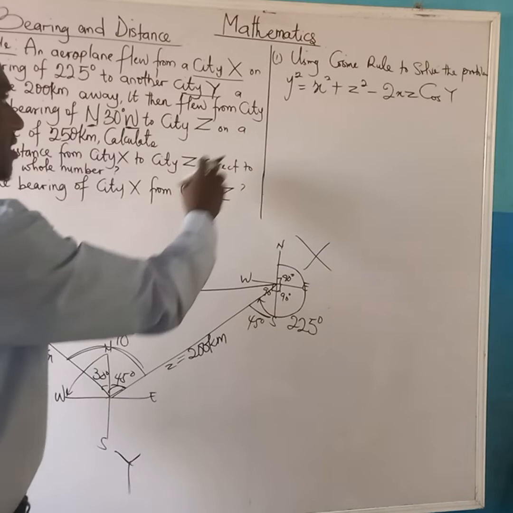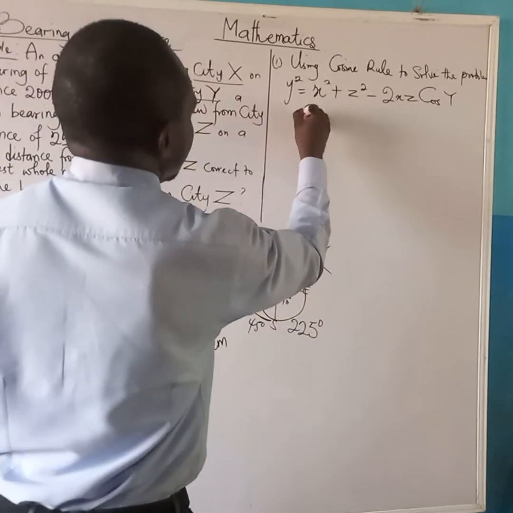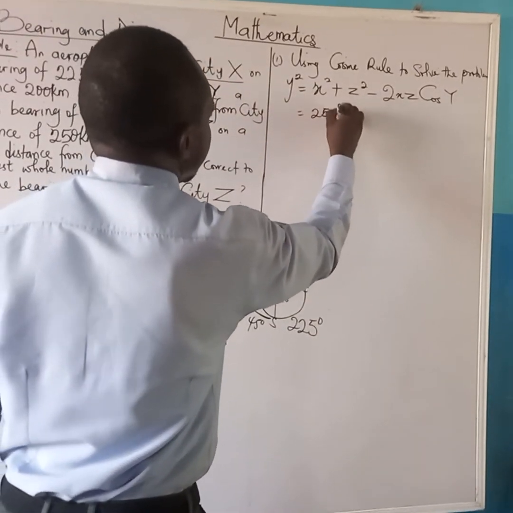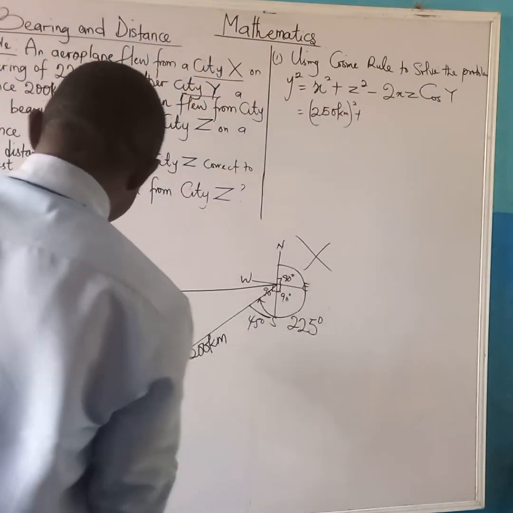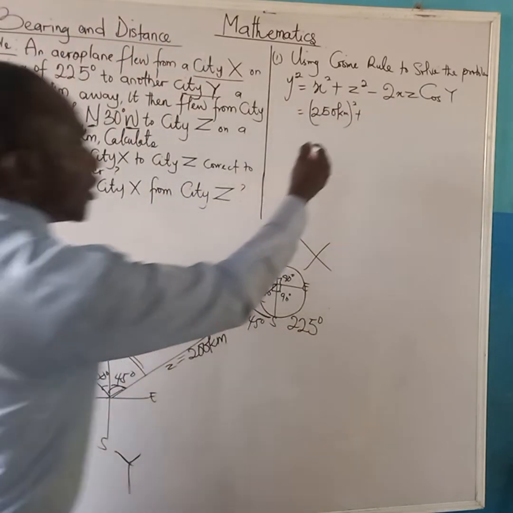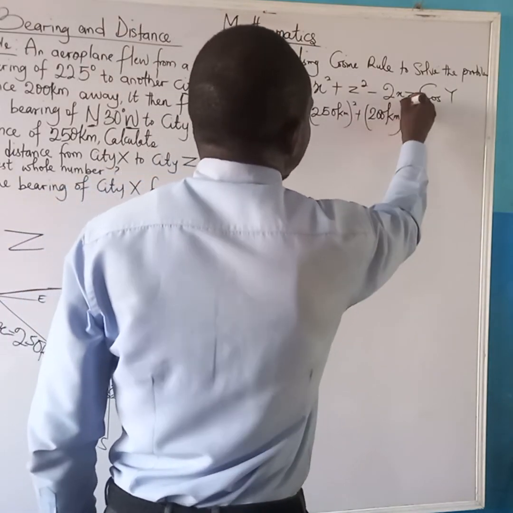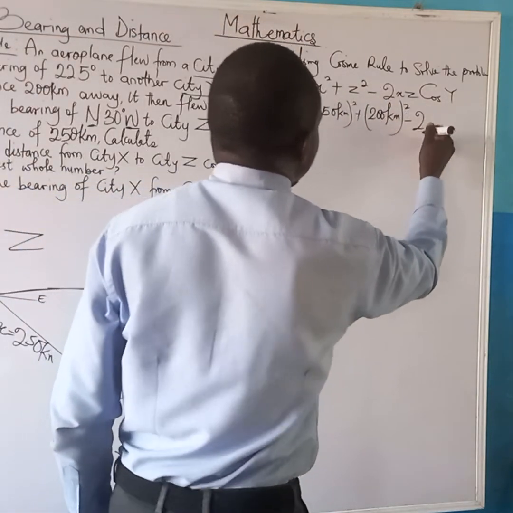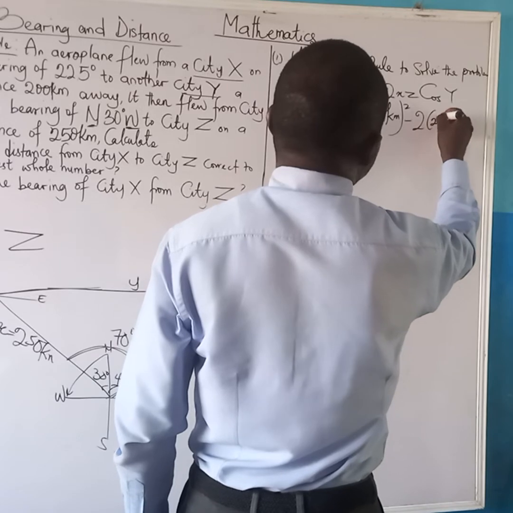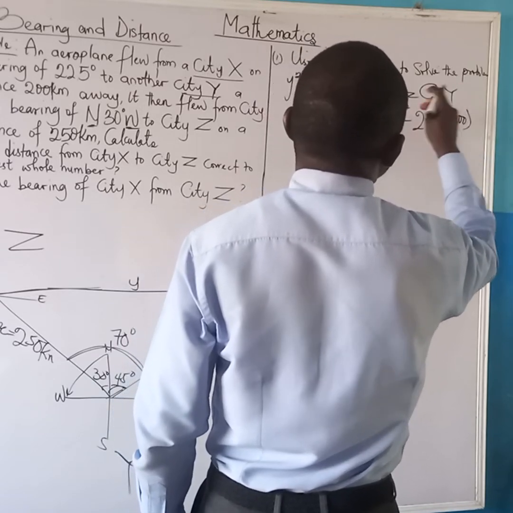Now our y squared is not given, our x is given as 250 kilometers. So we have 250 kilometers squared plus the z, which is given as 200 kilometers, squared, because from the formula we have x squared plus z squared, minus 2 in bracket of 250 and then 200 representing the value of z.